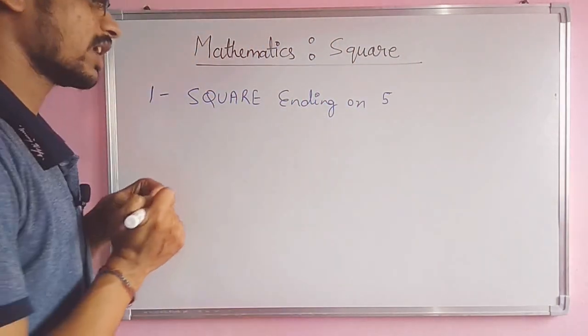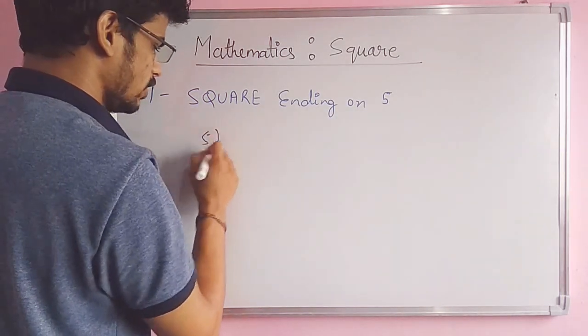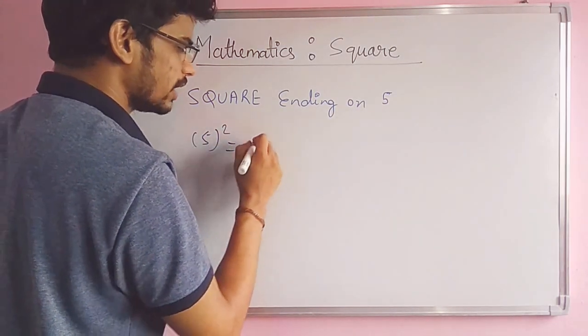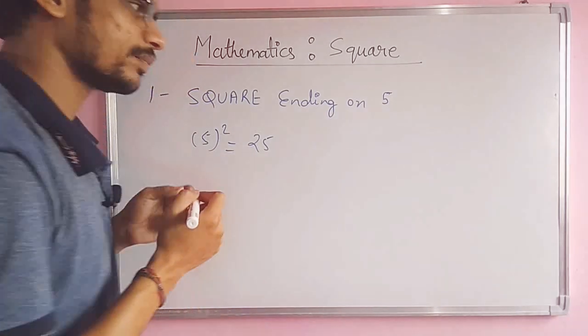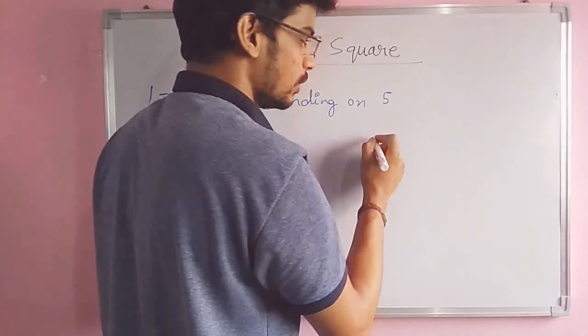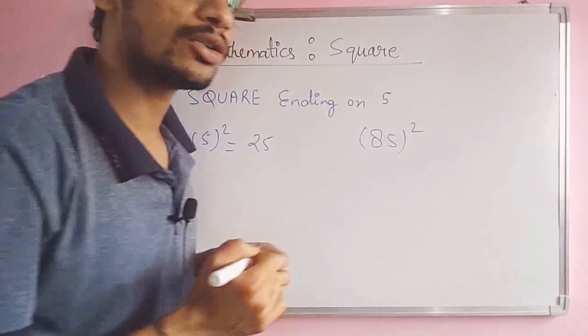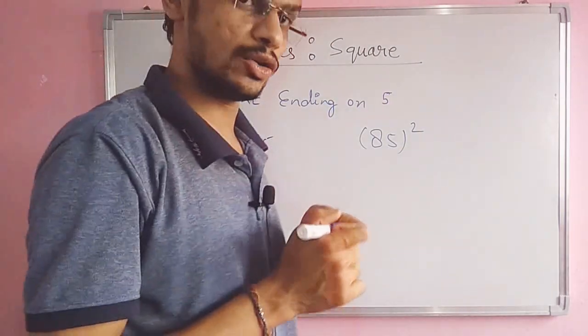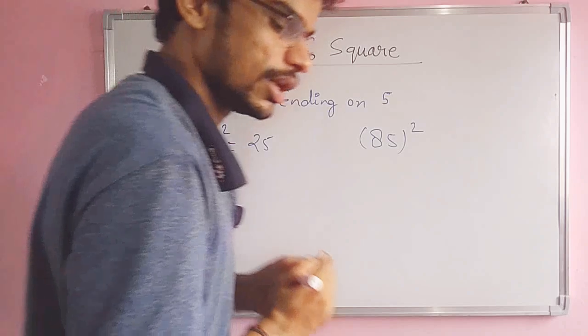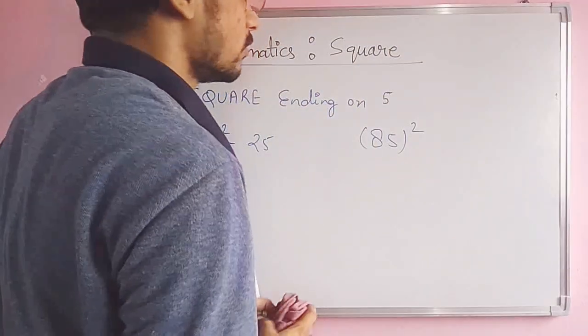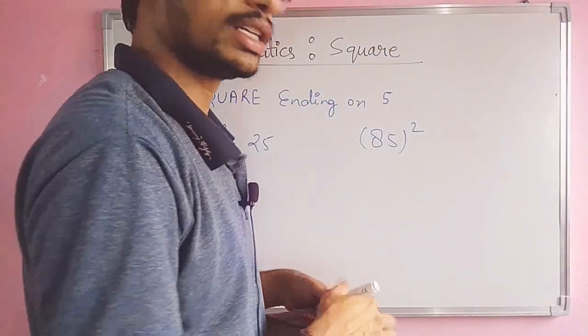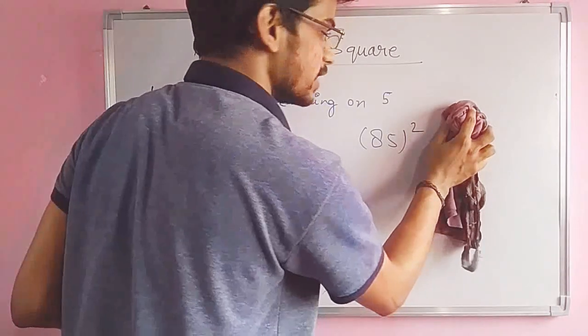If we calculate the square of 5, we know easily that it is 25. But if we calculate the square of 85, then how do we calculate it within seconds and quickly? So now we solve the square of 85 with tricks. Let's see how.